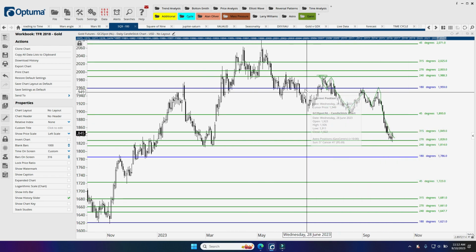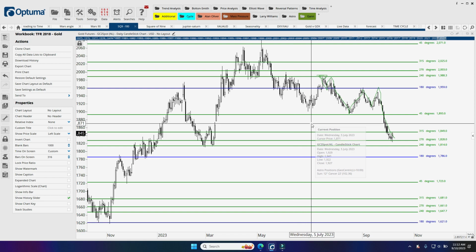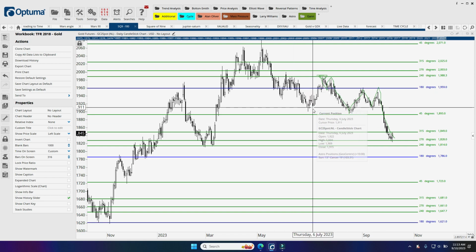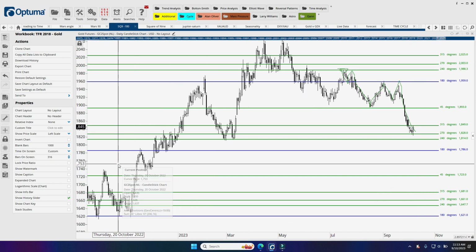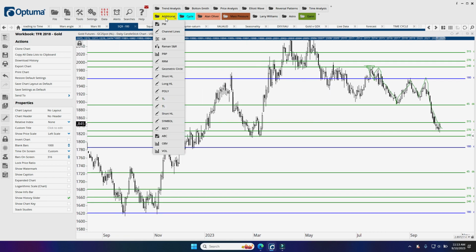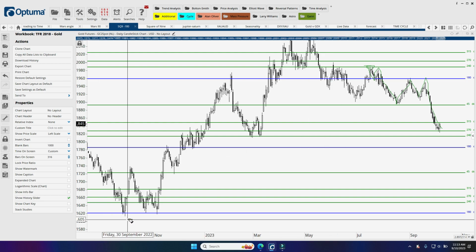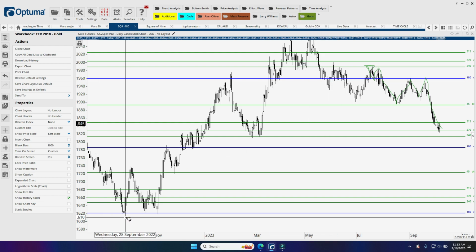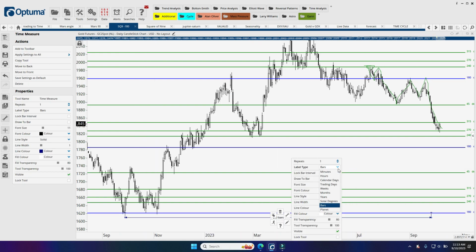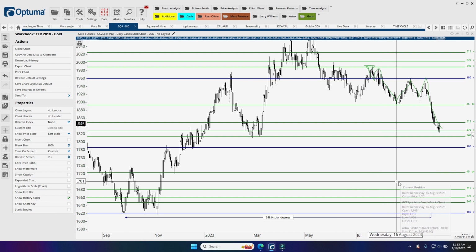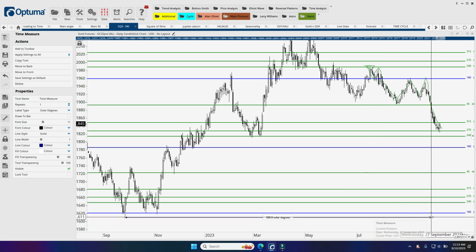So now that we've got the angles that we're watching, we want to know time. And for the time method, I was basically using anniversary dates because I wanted to find out where this market was going to turn. So if I go to my time analysis and we're looking for time measure, what we were looking for is we were trying to pinpoint 360 degrees into the future, because basically we're using one solar calendar year into the future to try and find out where the market was going to bottom.